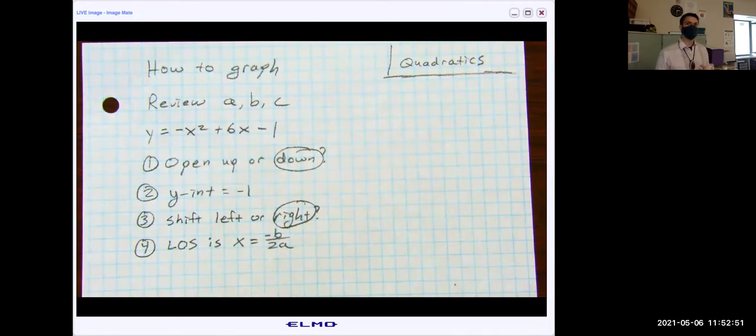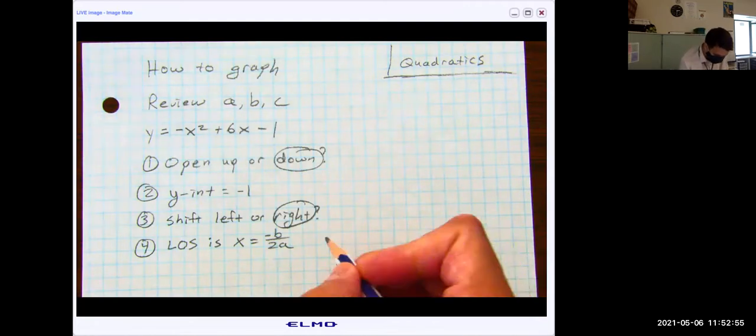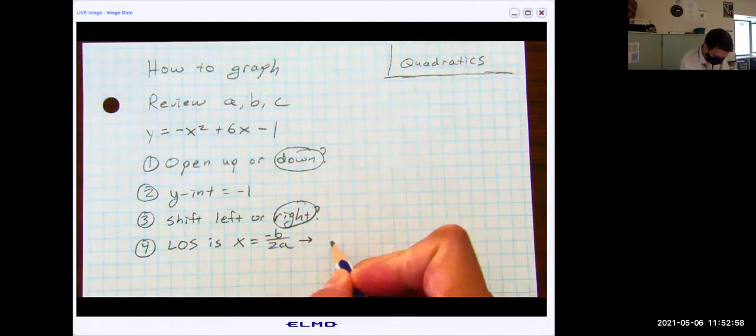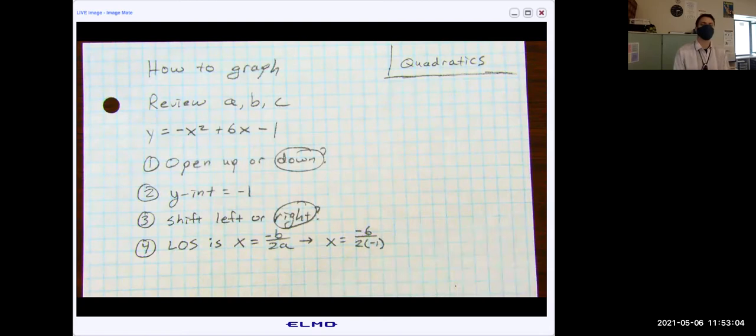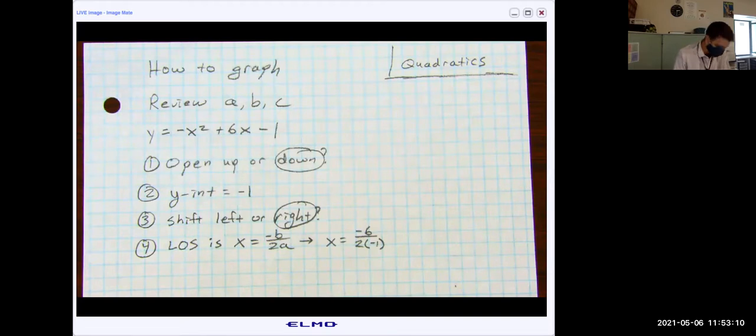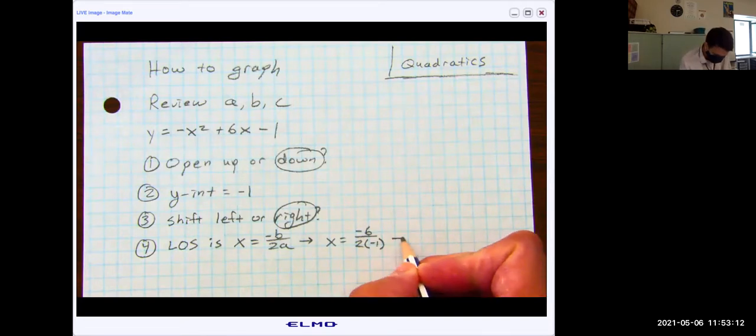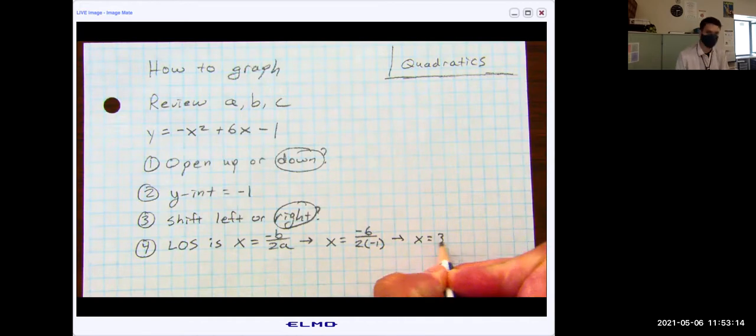And we have some values we can plug in. B is 6. So what I'm going to do is go -6/2 times -1. So that's just going to be -6 divided by -2. What is that? 3. So my line of symmetry is x equals 3.